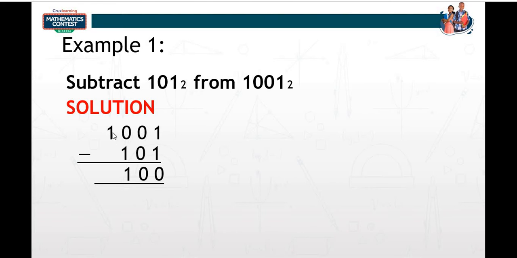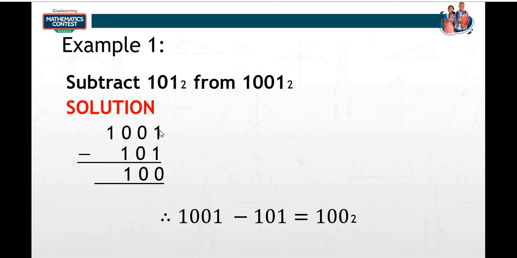If I borrow this one, it's now 0, and I'll call it 2, because we are working in base 2, okay? So 2 will be here. 2 minus 1 is 1. So I'm having 1001 minus 101 to be 100. And this is it. Okay?